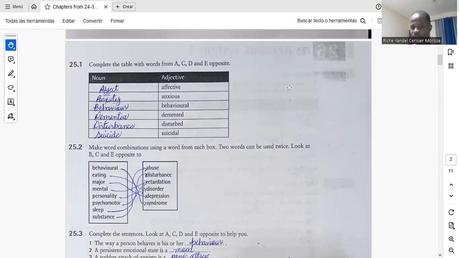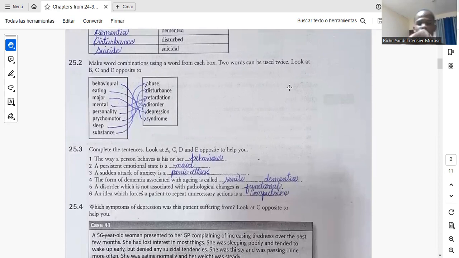Complete the box now. Affect, affective. Anxiety, anxious. Behavior, behavioral. Dementia, demented. Disturbance, disturbed. Suicide, suicidal. 25.2.